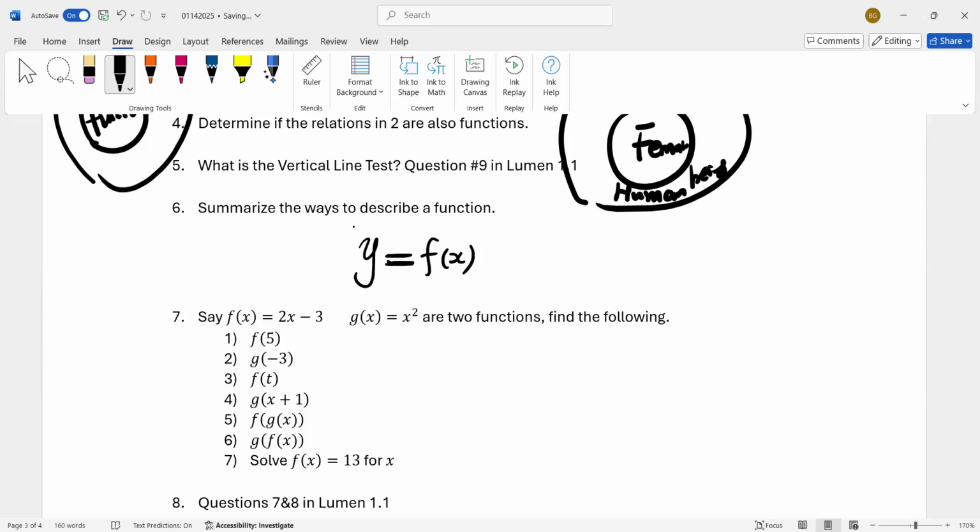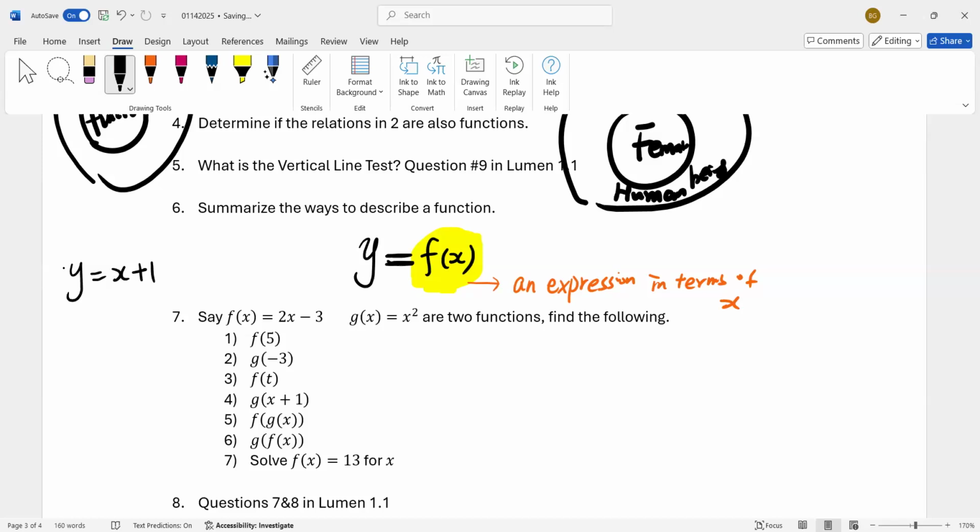So if this equation satisfies that condition, this is a function. And I think the useful information you need to know about this is the right side f of x. You can understand this as an expression in terms of x. For example, earlier, our straight line y equals x plus 1.